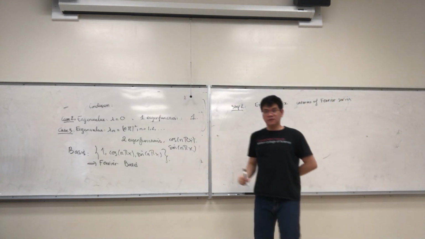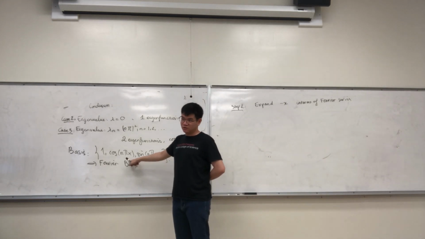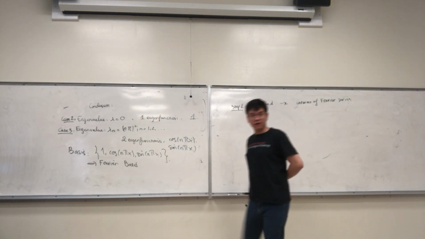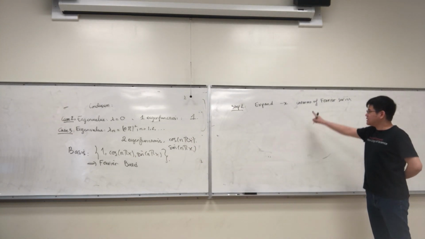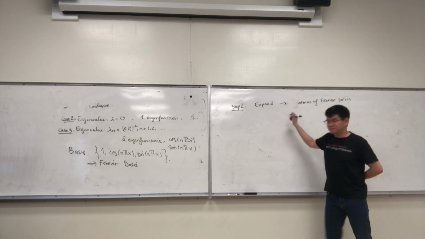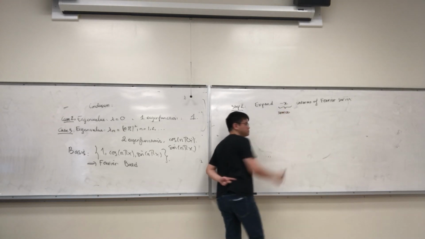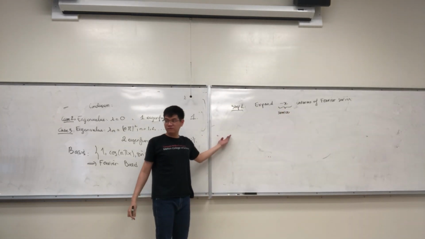Because this is the basis. Basically, you find the Fourier basis for this problem. So in the second step, you have to expand the source term minus x in terms of Fourier series, and you plug it back to get the solution.